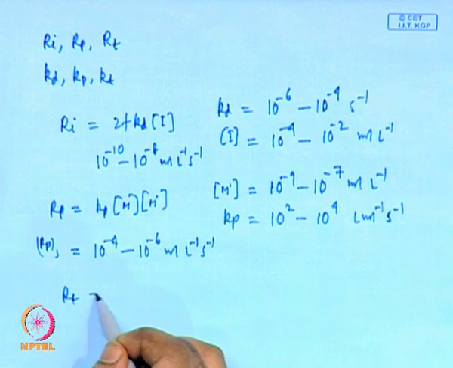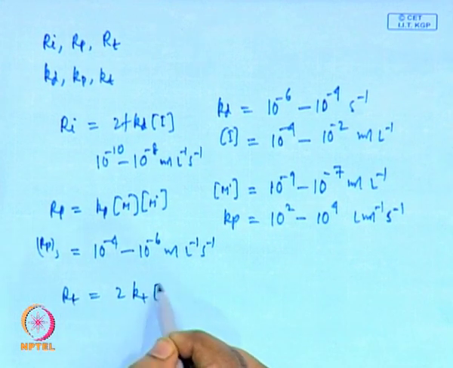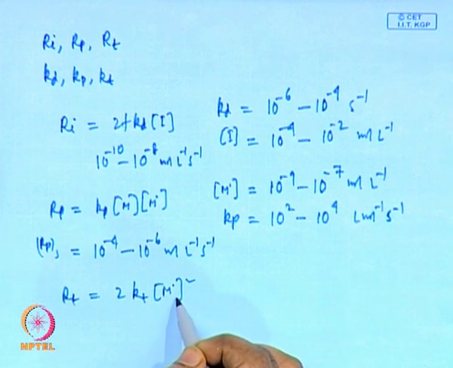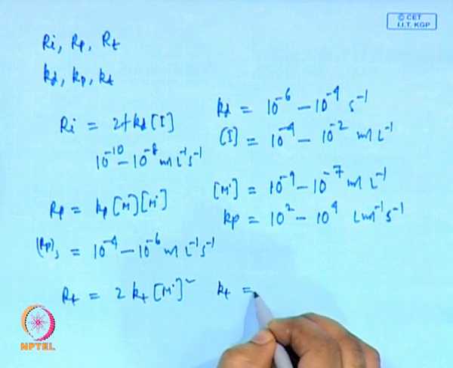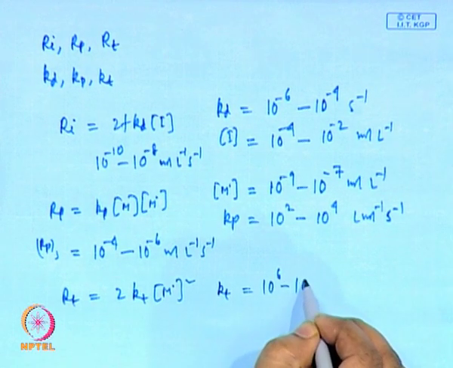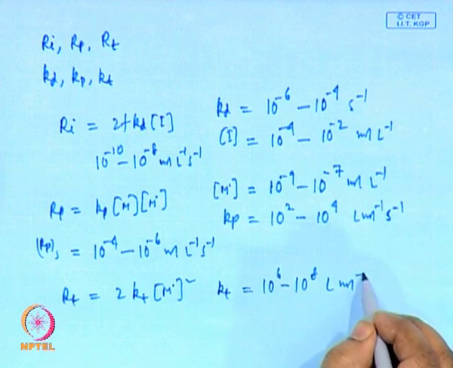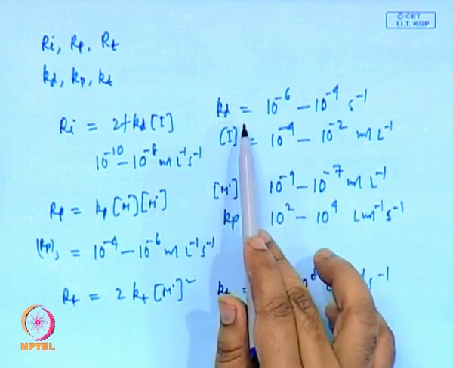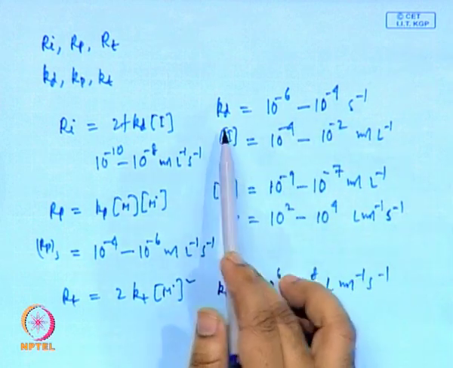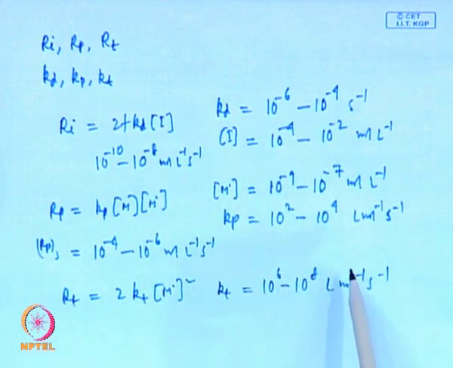and Rt is twice Kt M dot square. M dot value is listed here. Kt is 10 to the power 6 to 10 to the power 8 liter mole inverse second inverse. So, these are the typical values.